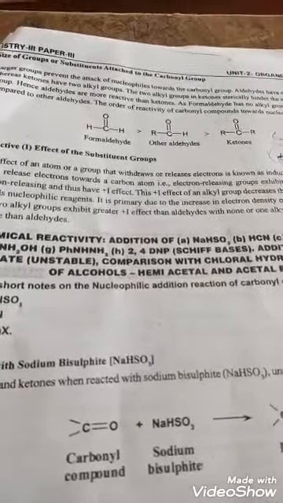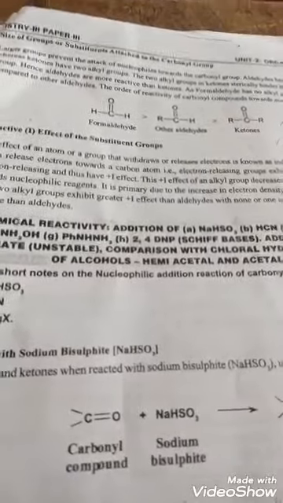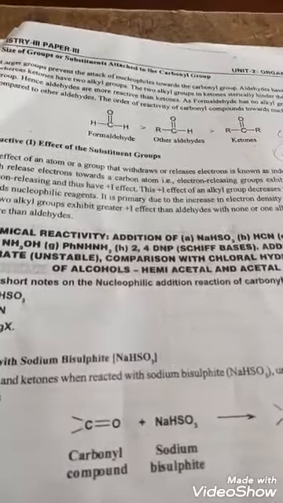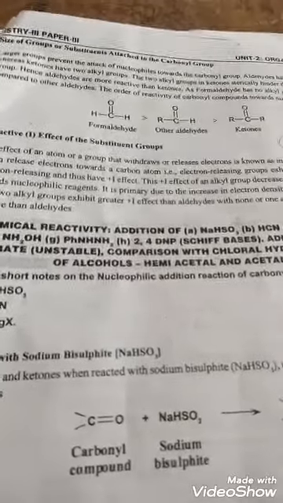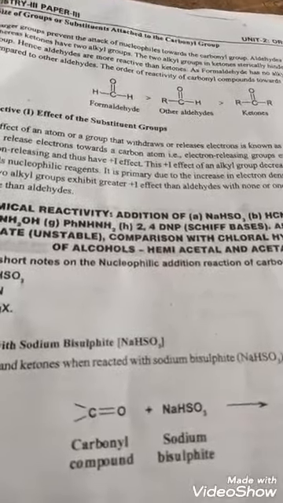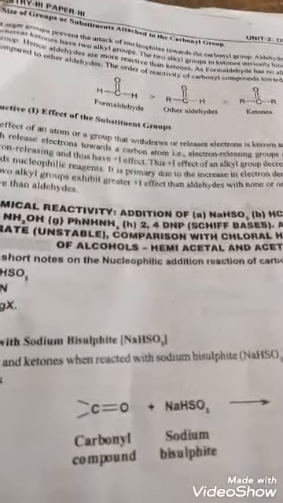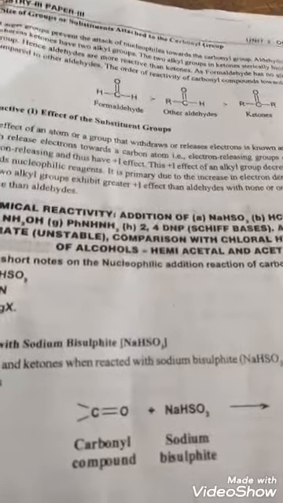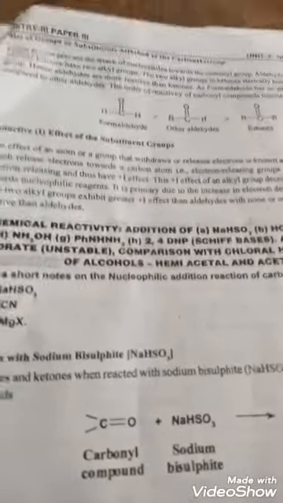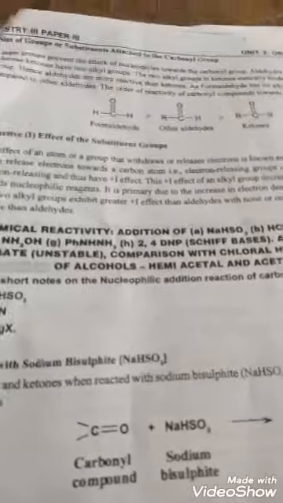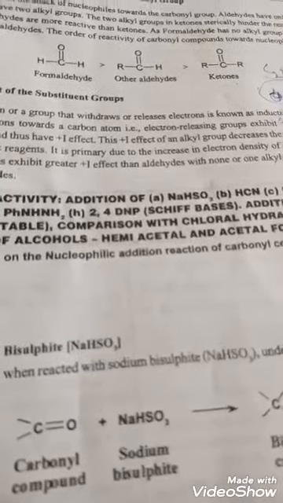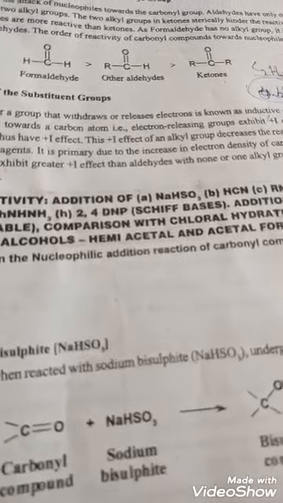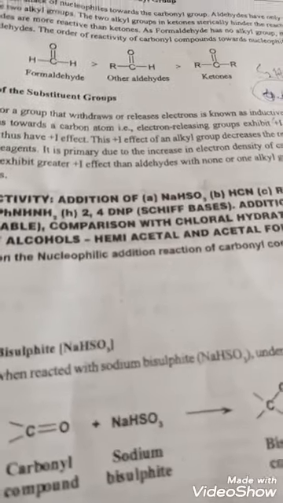In functional groups we can use inductive and mesomeric; in alkyl groups we use hyperconjugation. Then there are variations: positive and negative inductive effects, and positive and negative mesomeric effects.